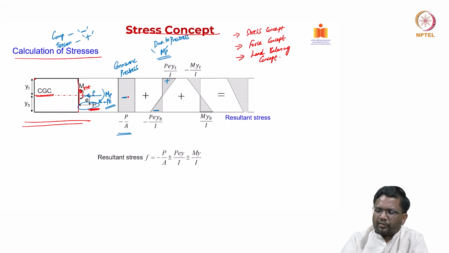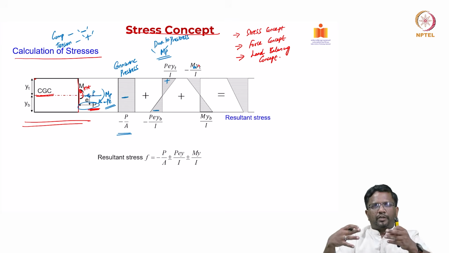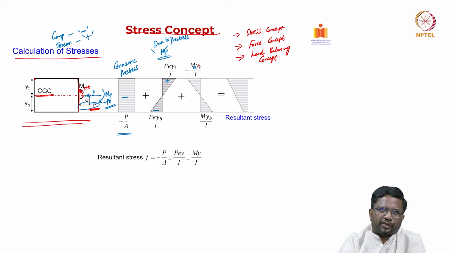Now, the next effect will be the external load. So, let us say this is M external, moment coming from external load, right. If it is a simply supported case, for example, that is going to create compression at the top and tension at the bottom. So, this is going to be negative and this is going to be positive, right.